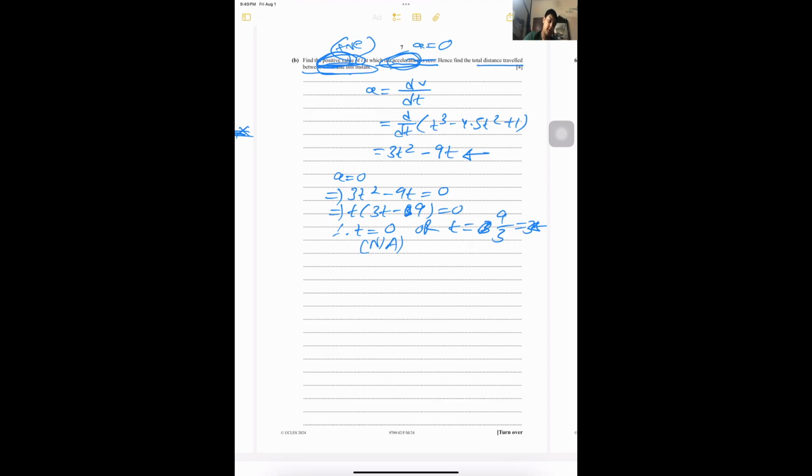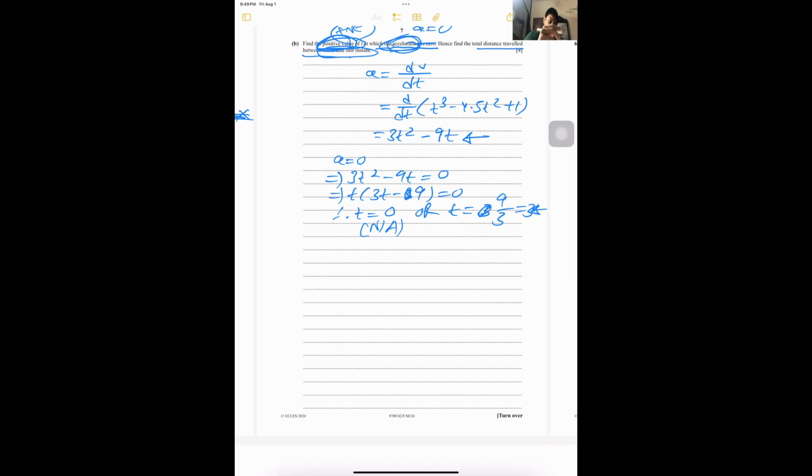Now we have to use this. Let me show you one diagram first. The object starts at t equal to 0 seconds, comes to 0.5 seconds and travels till 3 seconds. In calculus kinematics questions, always remember one fact: whenever you have to calculate the displacement between 2 points, you always have to see if the particle, the object or the vehicle came to rest at any point within those 2 points.